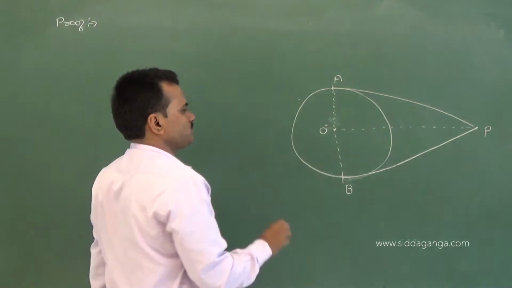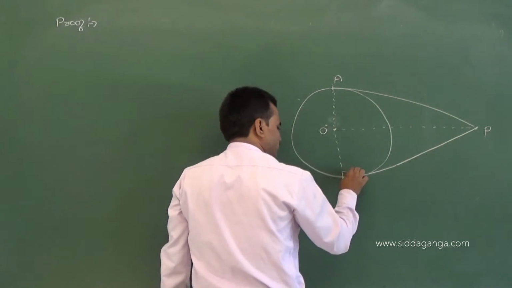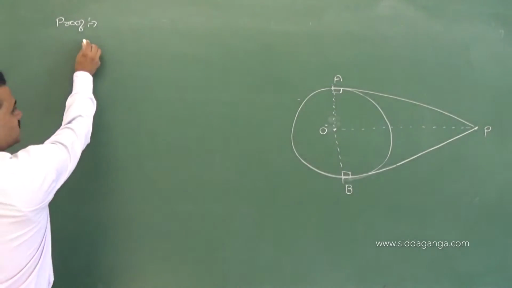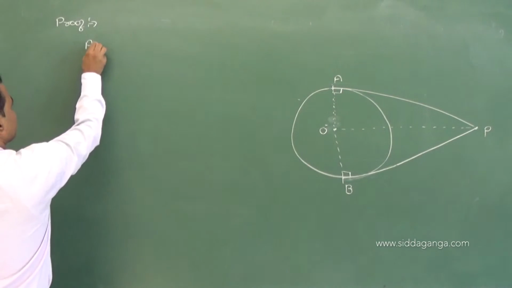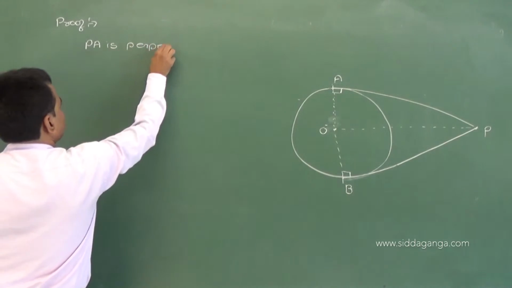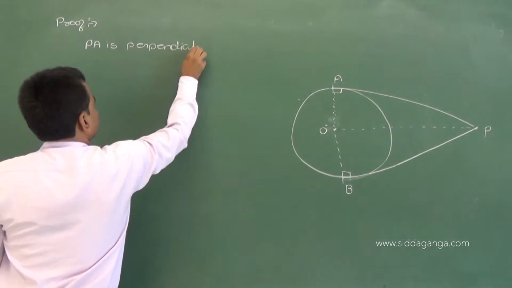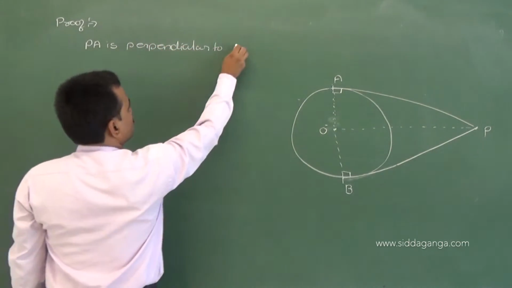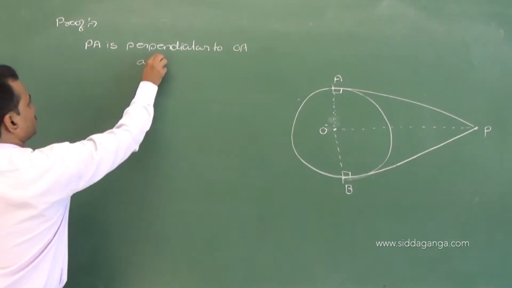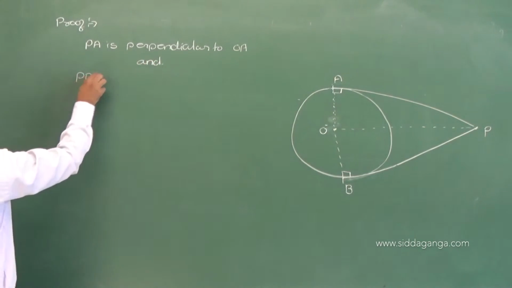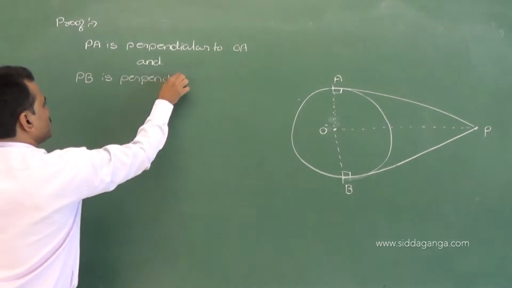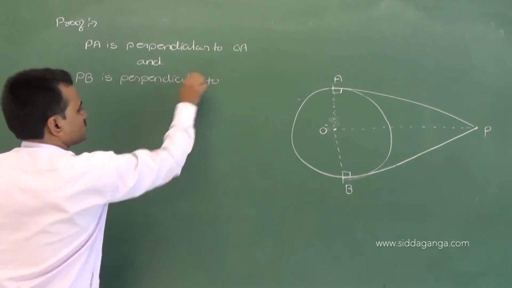Observe the first point, what we discussed in the first theorem. These two are perpendicular. PA is perpendicular to OA and one more, PB is perpendicular to OB.